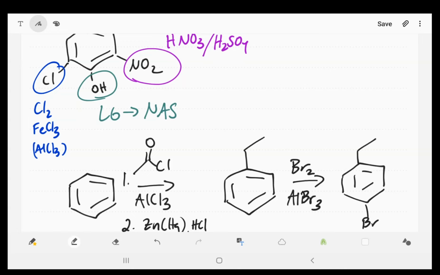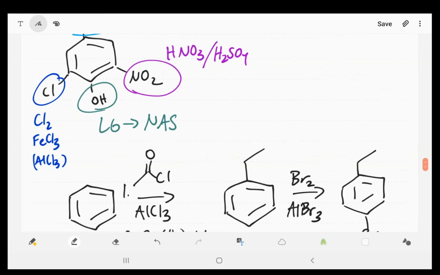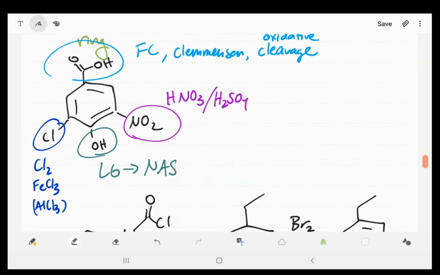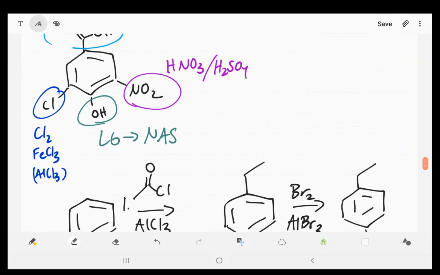Is there a way we can make it so that bromine becomes the director? The most activating. I'll give us a hint. Do we fully go through with it? Yeah, go through with it. Cleave it off.